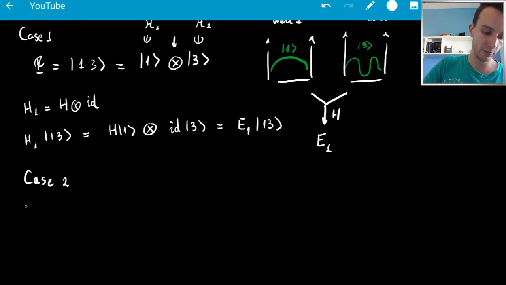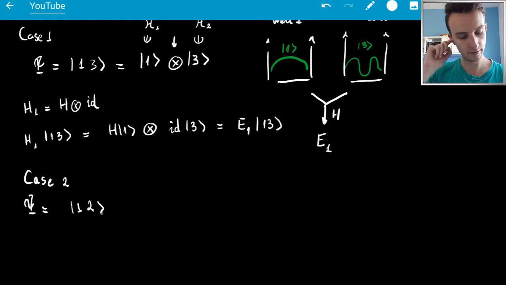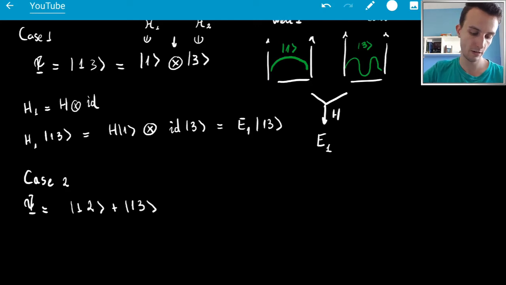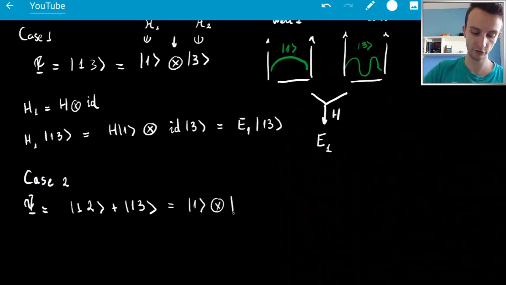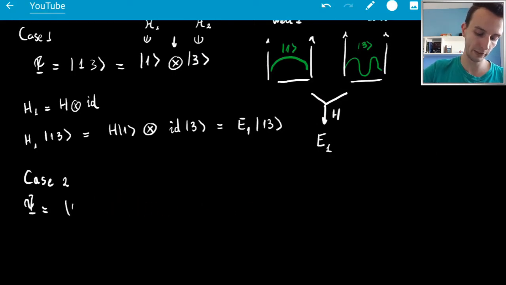Now in case 2, let's imagine psi is 1, 2 plus 1, 3. Let's make one that's a little bit more complicated.